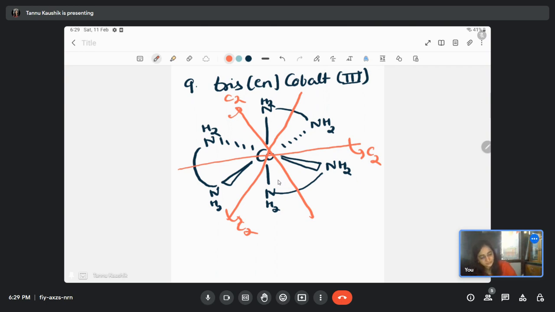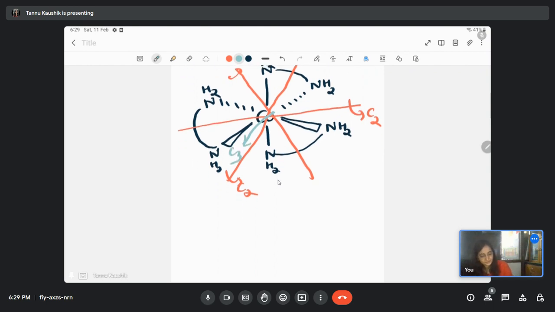And we also have a C3 axis of rotation here, passing through the center, this central atom, cobalt, and coming out of the plane.